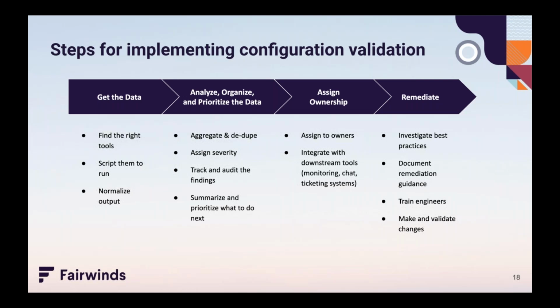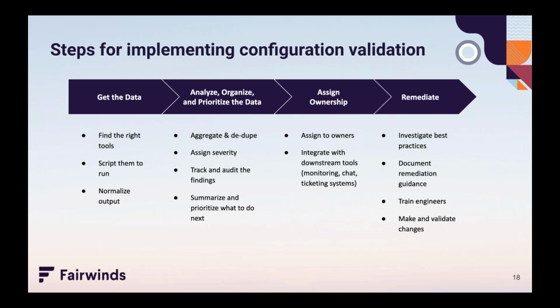Anyone who's analyzed security findings or production information knows that there's a lot of data that just needs to be crunched. And a great configuration validation solution is going to do a lot of this heavy lifting for you. They're also going to provide you with a way to run these tools continuously so you can stay on top of what's changing, especially in the Kubernetes context where things are generally ephemeral.